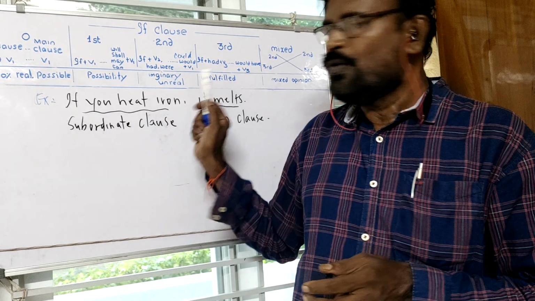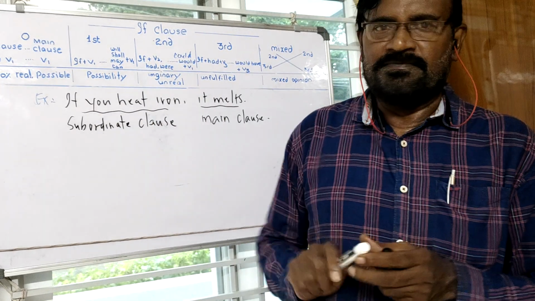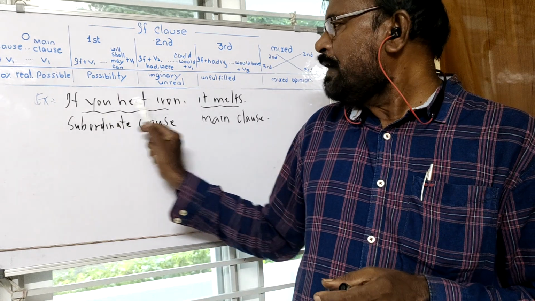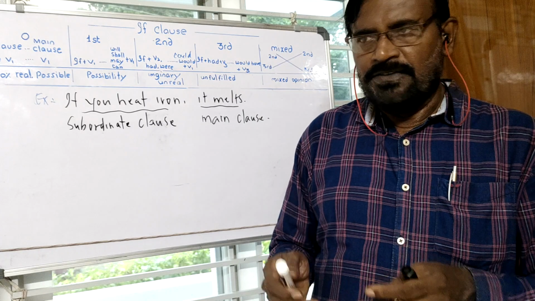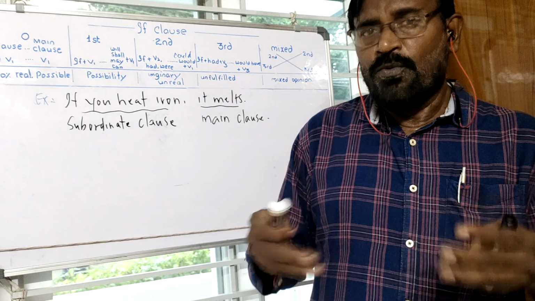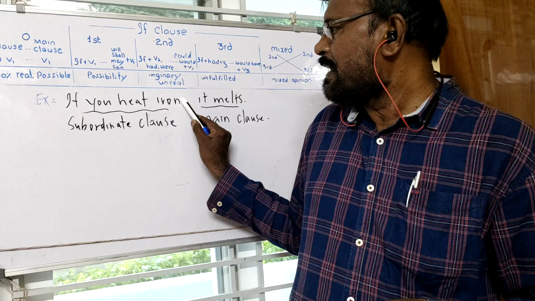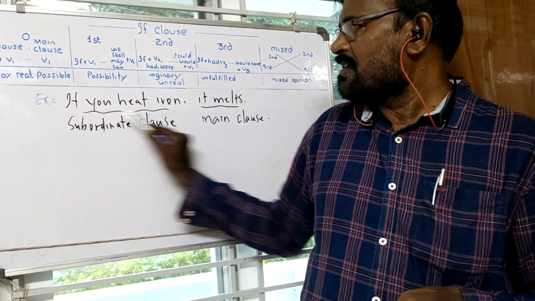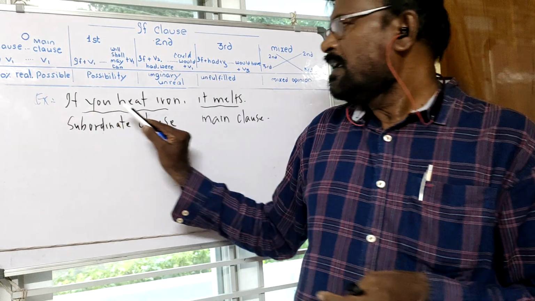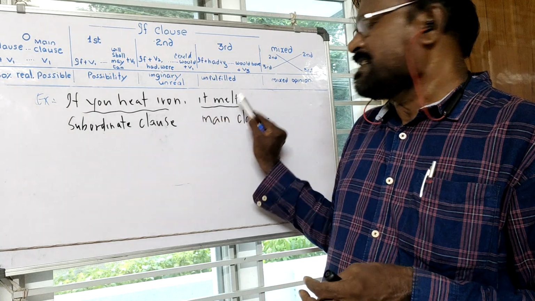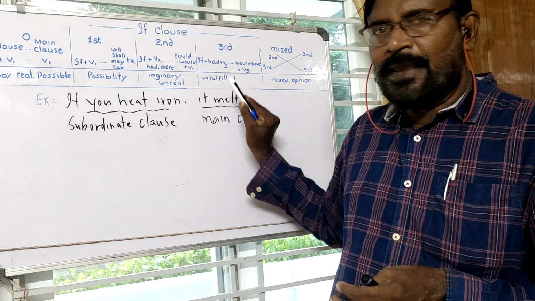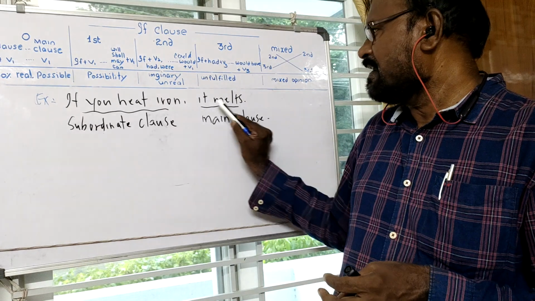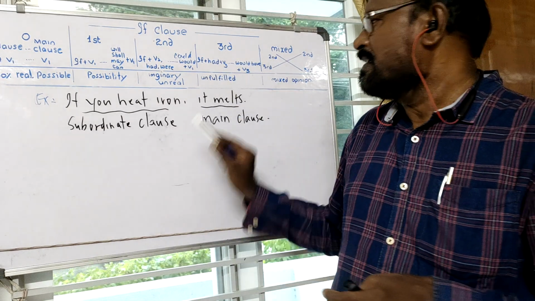It doesn't give complete meaning. If you heat iron, what happens? So here the meaning does not come. And it melts, it means the iron melts. It is a main clause.